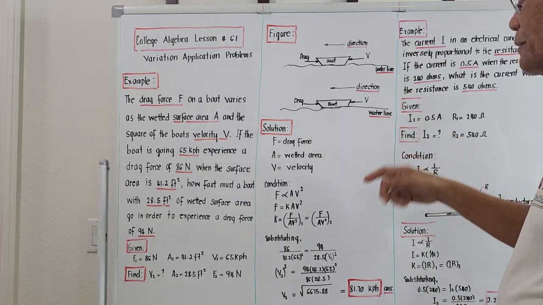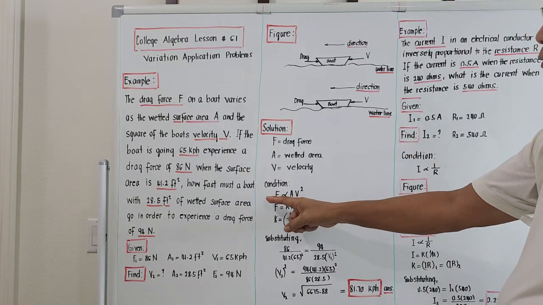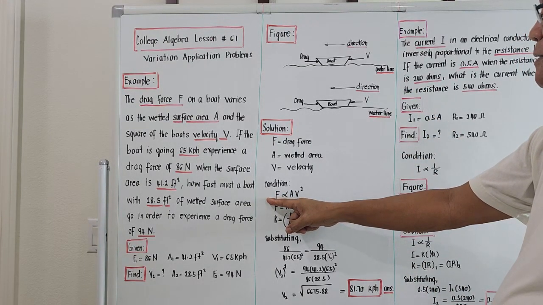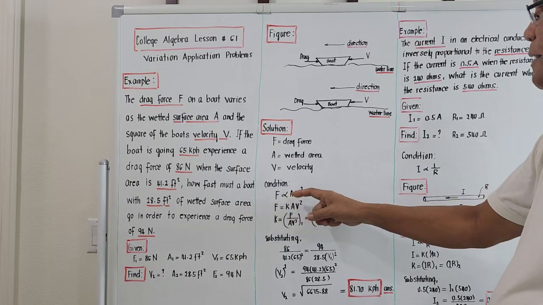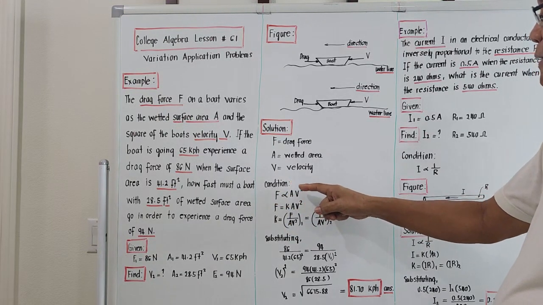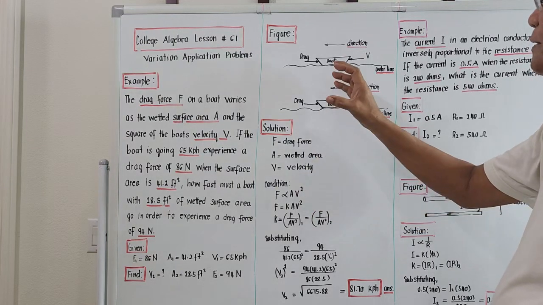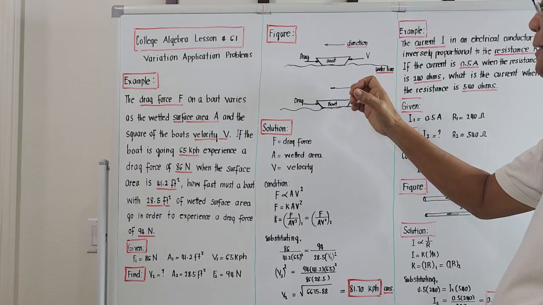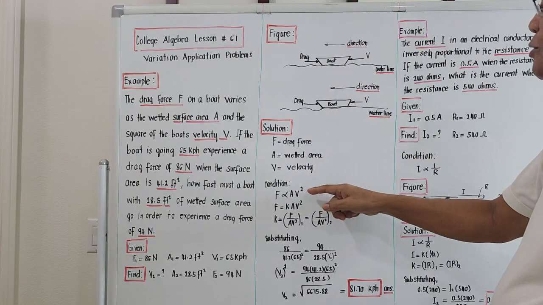what's the condition of the problem? The drag force varies with the surface area, meaning the weighted surface area, and the square of the velocity.